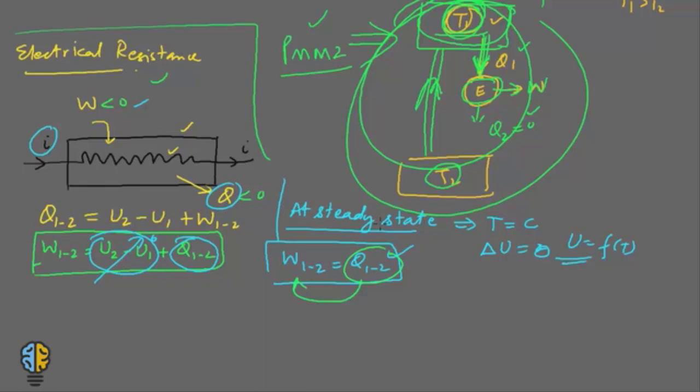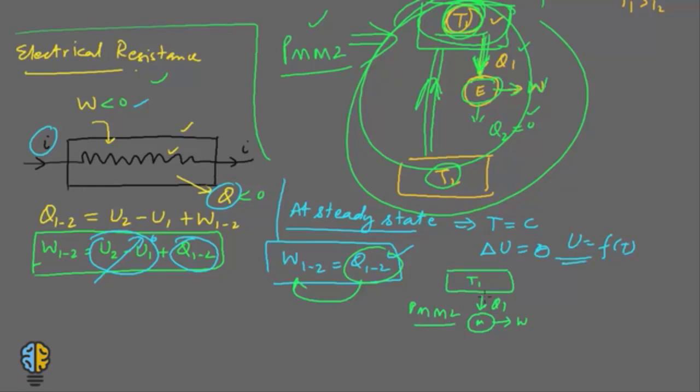If this happens, it becomes a PMM2. So this is the source, and this is, let us say, the motor. Whatever heat you absorb, you get an equal amount of work. If this happens, it becomes a PMM2, which again violates the Kelvin-Planck statement.